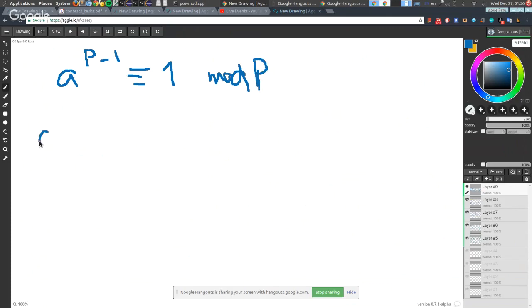So if we still assume that a and p are coprime, then a times a to the power p minus 2 is congruent to 1.